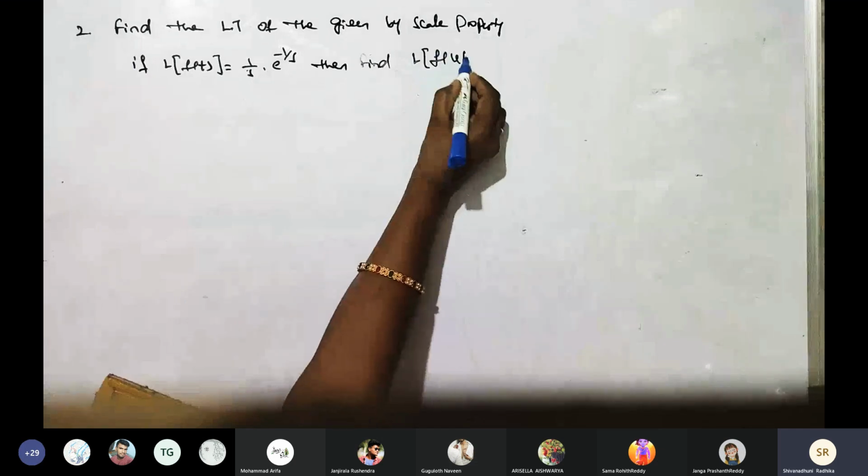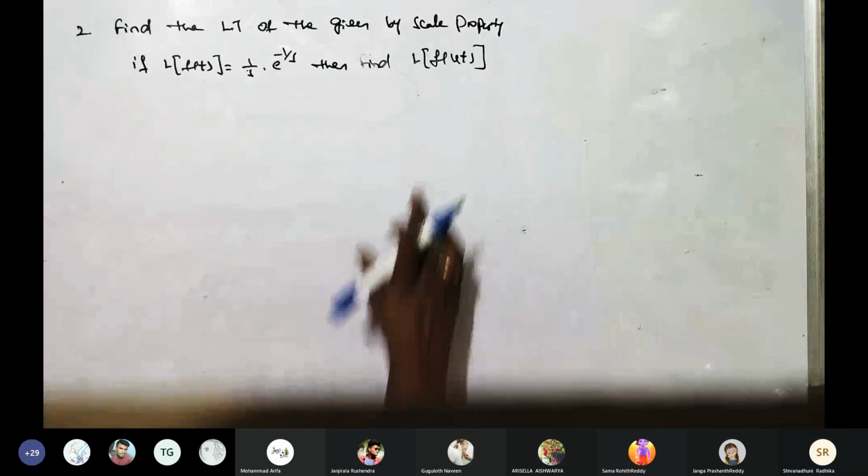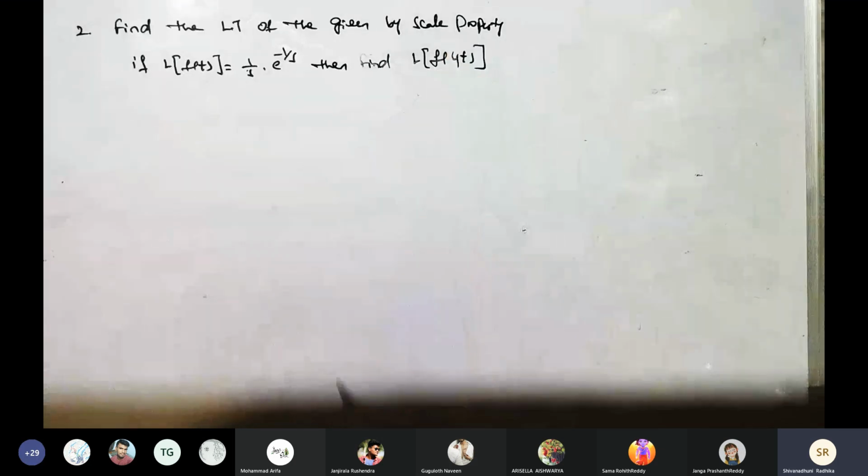Then find L of f of 4t, that is the 4. Which one is the 4? By using the scale property formula.